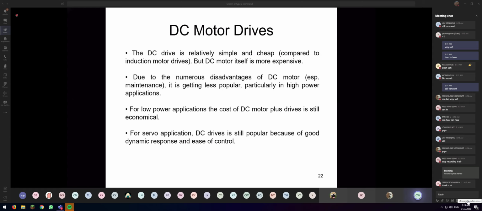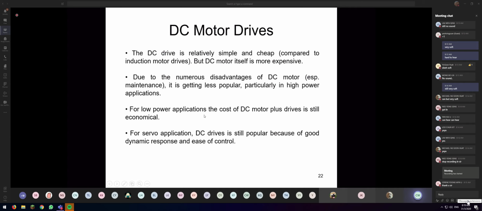However, it is still very popular in low power applications, such as the cooling fan for your CPU, your computer. For small power applications, the cost of the drive and the motor itself is still economical.